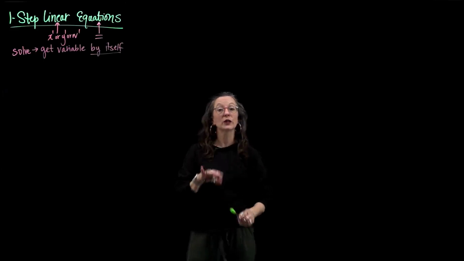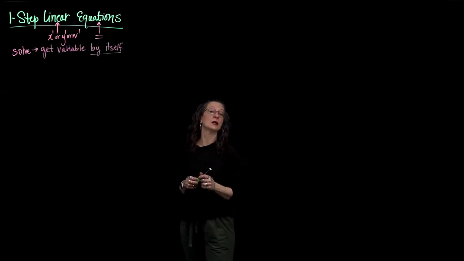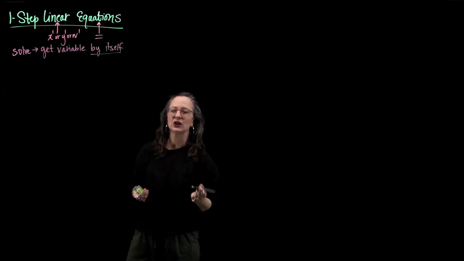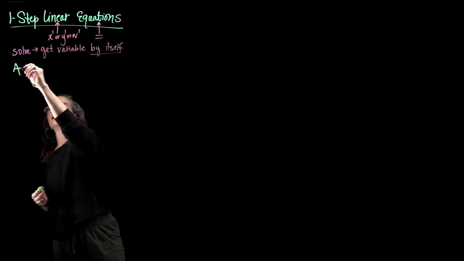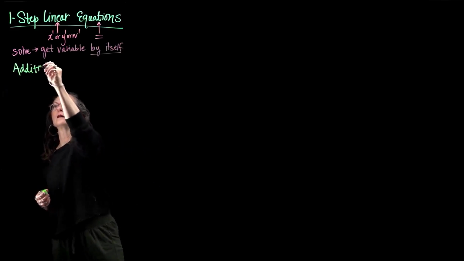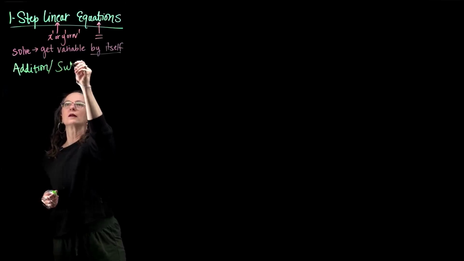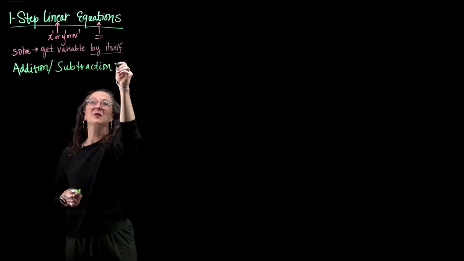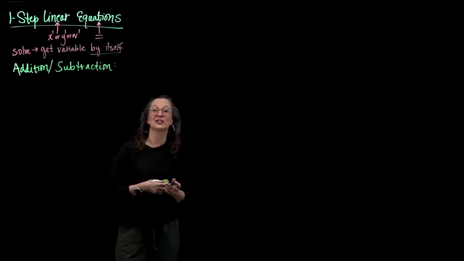All right, so we're going to talk about two types of one-step linear equations. The first type we're going to talk about is addition and subtraction. And you might guess the second part is multiplication and division.